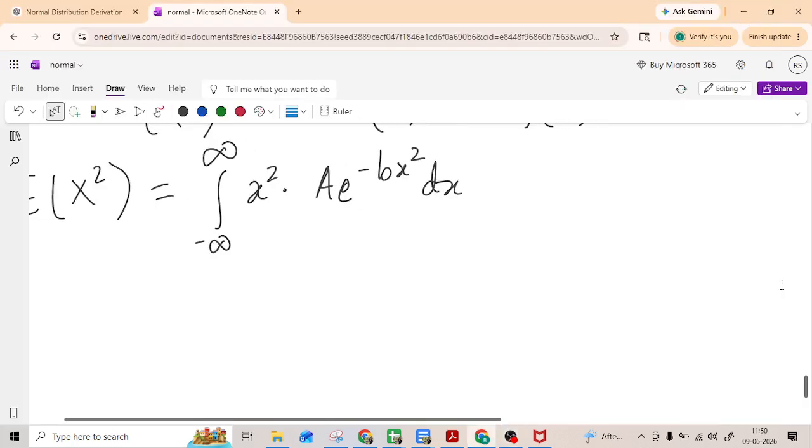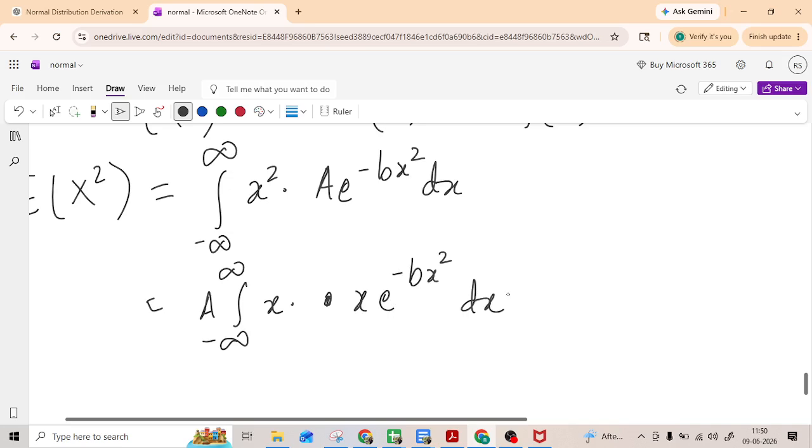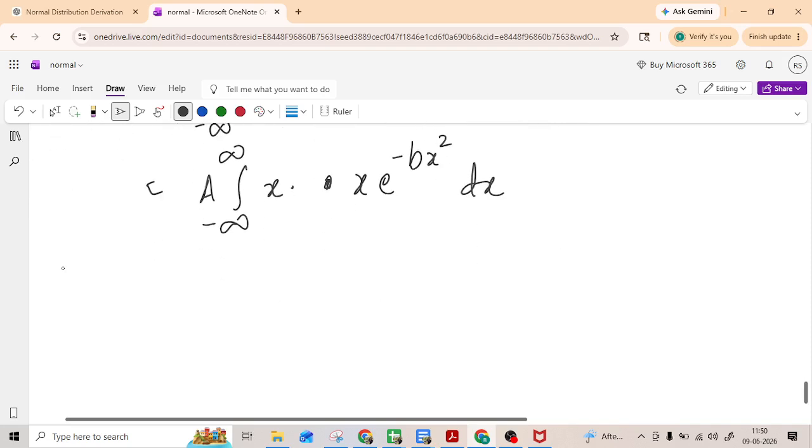Okay, let's resume. So we have this. This could also be written as the integral from minus infinity to infinity of x square; let's write a outside, so x into x e raised to the power minus bx square dx. The reason I'm writing it this way is because we are going to apply integration by parts, which essentially says that the integral of u dv is equal to uv minus the integral of v du.